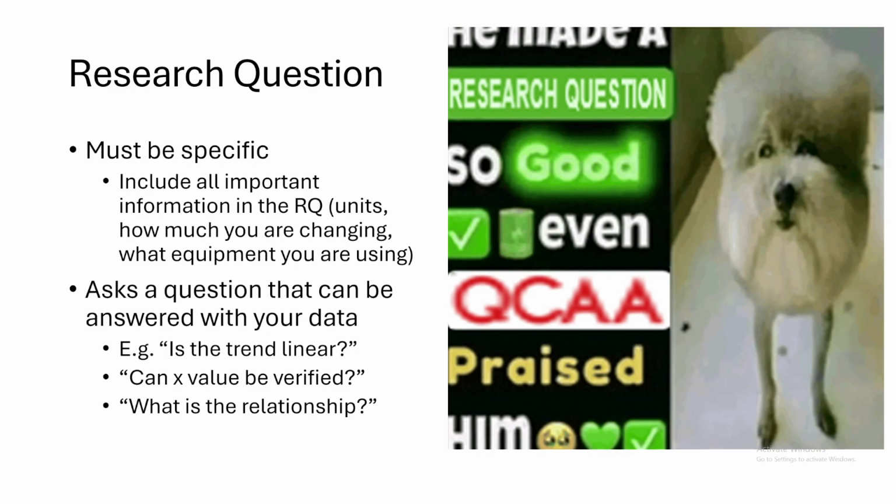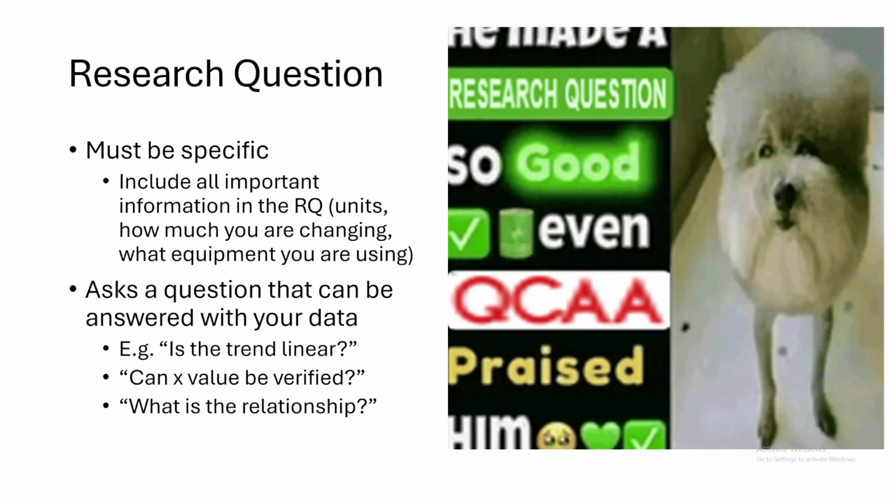If you're doing a qualitative research question, such as in biology, I believe, I'm not too sure, but I believe you might have qualitative research questions and experiments in biology. If that's the case, you need to make it as objective as possible and as specific as possible.